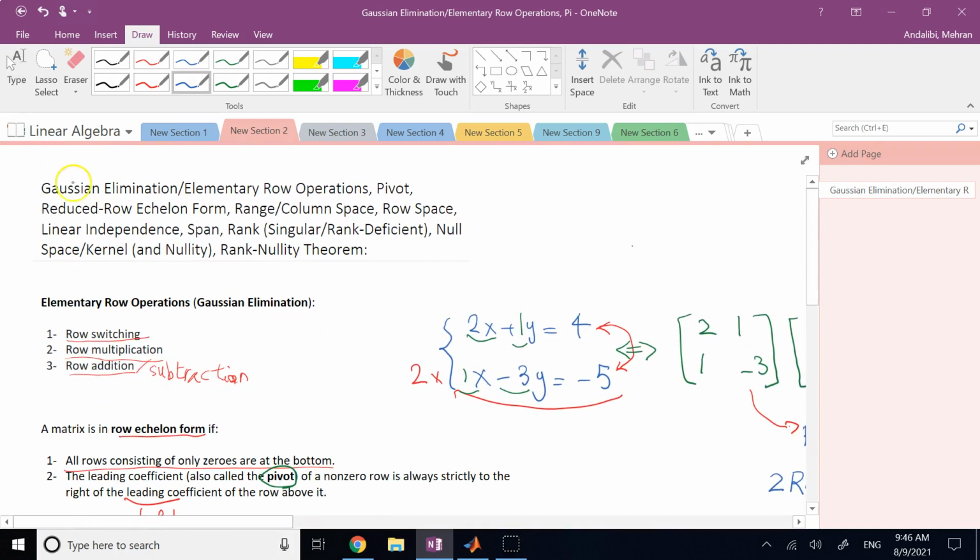Later I'll show you, you can use this method to find the inverse of a matrix, and it has so many other advantages. Not only can we solve a linear set of equations with it, later we're going to use it to determine the rank of the matrix. So this reduced row echelon form is a very commonly used and useful operation in matrices.